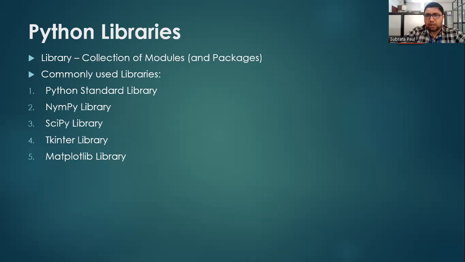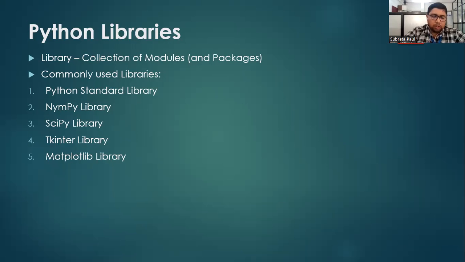Inside the Python standard library, we have different modules, which include the math module, cmath module, random module, statistics, and urllib module. These modules contain functions which are useful for performing various tasks. And if we want to use those functions within our program, it is necessary to import these libraries or modules from these libraries.